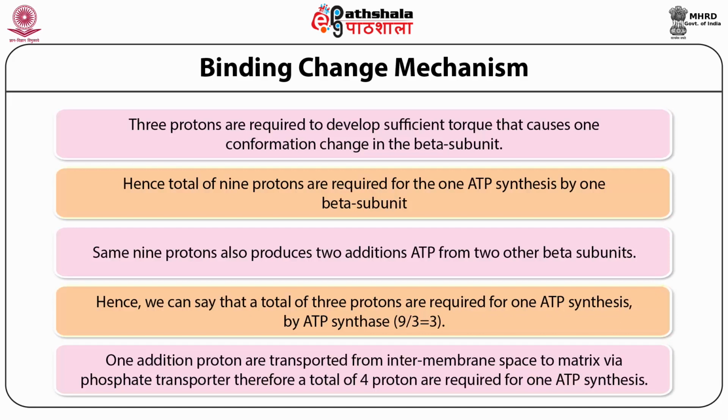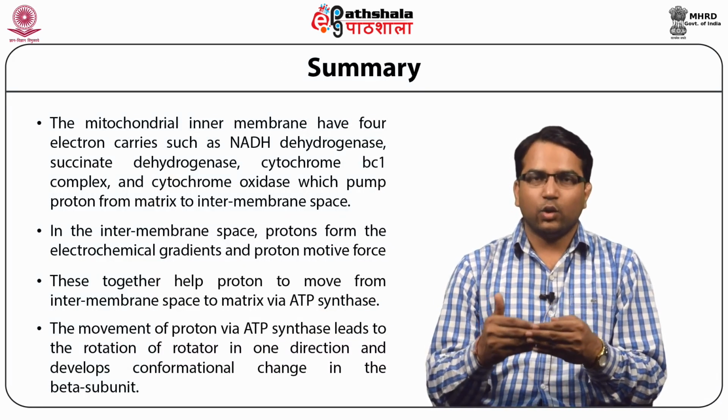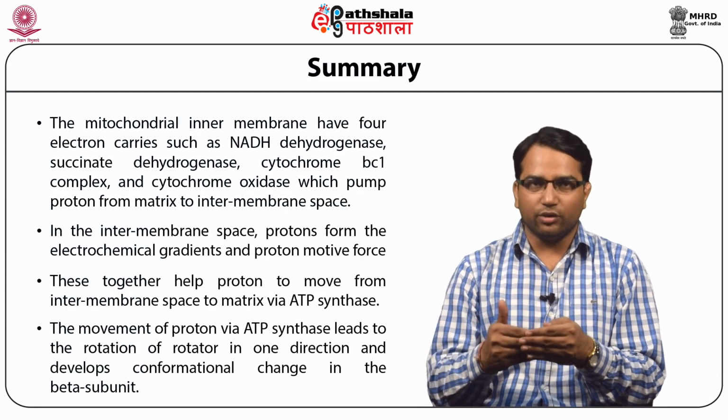Therefore, that is also included in the number of protons required for one ATP synthesis. So for all calculations, we always consider 4 protons as the required number of protons for synthesis of one ATP.